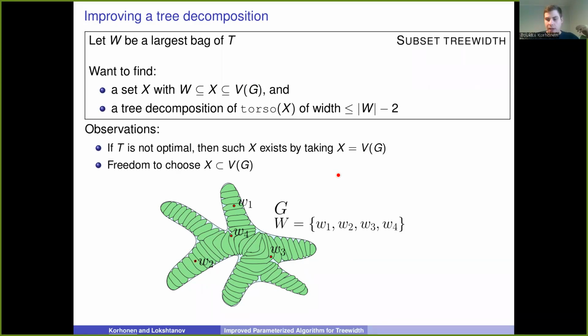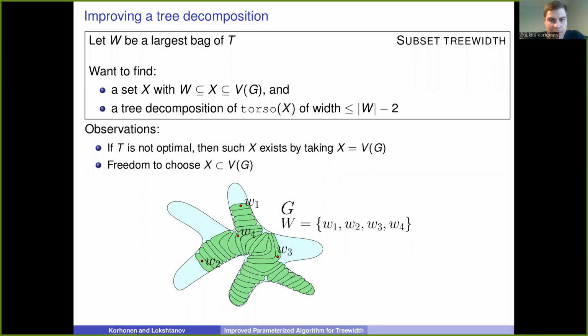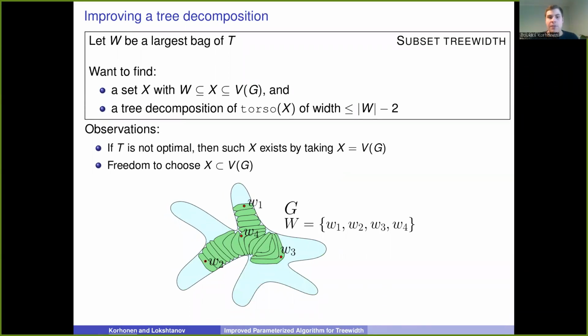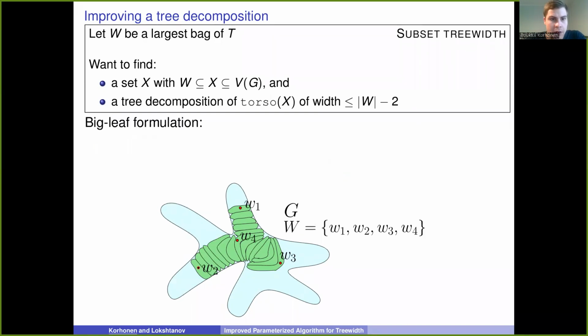But the crucial thing here is that we have freedom to choose this X. We have freedom to throw something out of X, maybe like this. So we take only these green areas into X and take only the decomposition of them. And this turns out, for some reason, to be very helpful in computing treewidth. Okay.